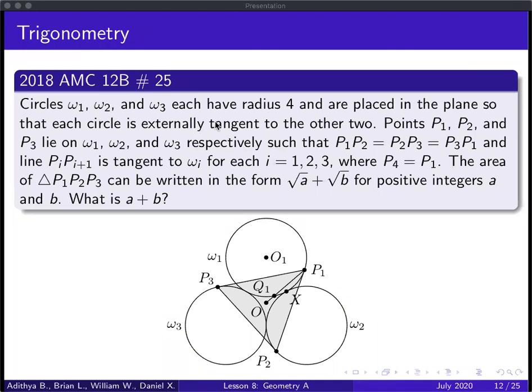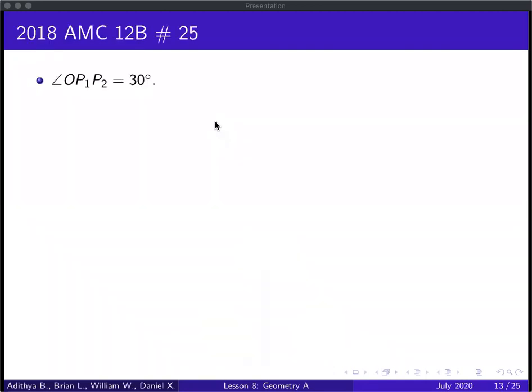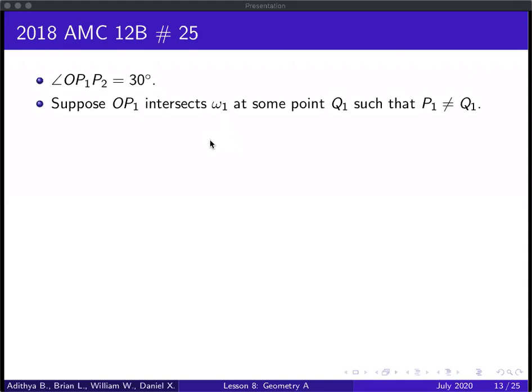And so if we just start, as I said, we know that OP1, P2 is 30 degrees. And so we're just going to let OP1 intersect omega 1 at some point Q1. And the reason we're doing this is basically what I said.